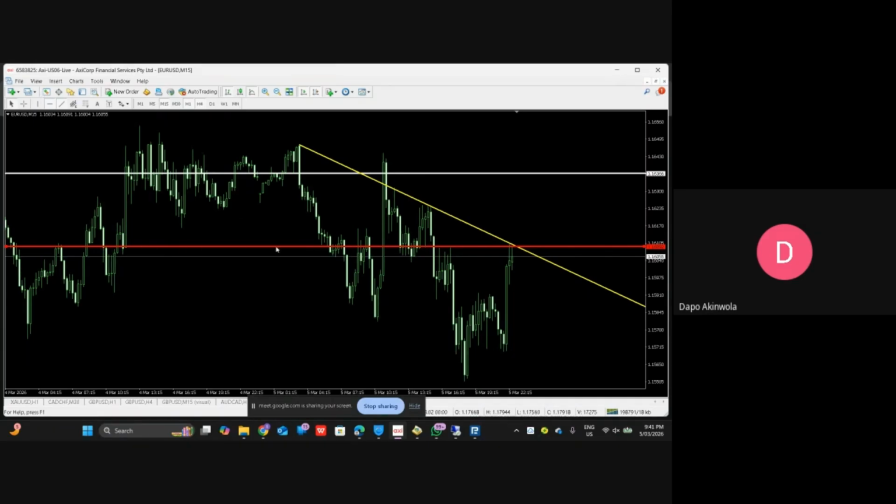If you look towards your left, just like you said, we have some mountains there as well as some valleys, so it's a very strong resistance area. That's why I think we should sell at that area.